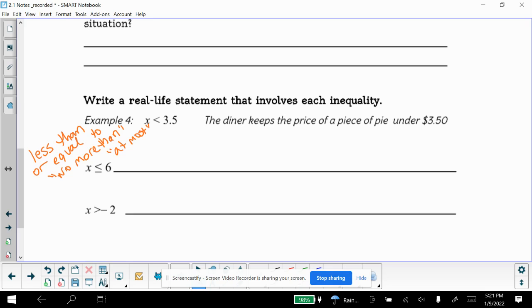I tend to like the at most, right? When you go to the store, I want you to get at most 6 potatoes. I want you to get at most 6 boxes of tissues, at most 6 cans of soda, whatever it is that you want to get, but we want at most this one. So I'm going to say buy at most 6 apples.